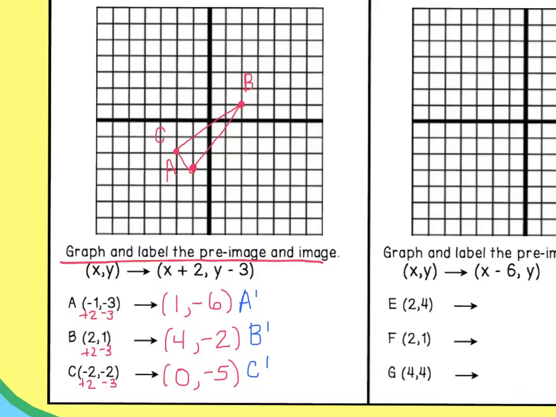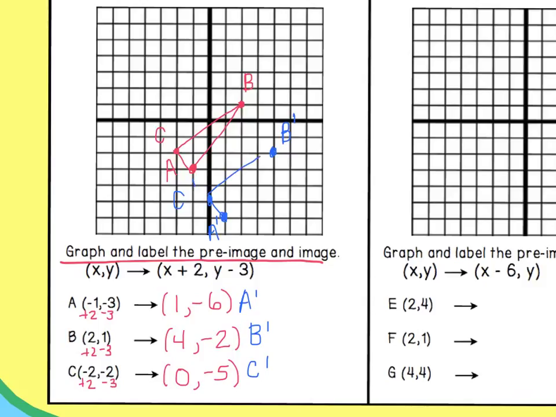So we have 1, negative 1, 2, 3, 4, 5, 6. And that was A prime. We have 4, 1, 2, 3, 4, negative 2, and that's B prime. And then we have 0, negative 1, 2, 3, 4, 5, and that is C prime.